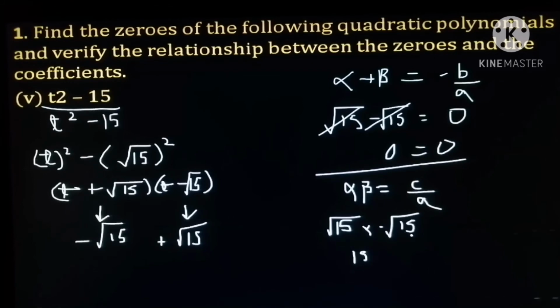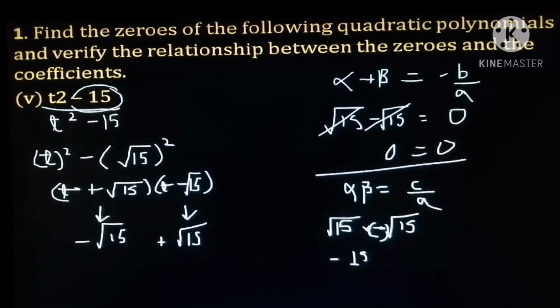So root 15 into root 15 will give you 15, and this would be a negative 15 because you have a minus sign here. There's nothing to neutralize that minus sign. And here you have c upon a. Given value of c was minus 15 and a was 1. So this is equal to minus 15. We have verified this relation also.